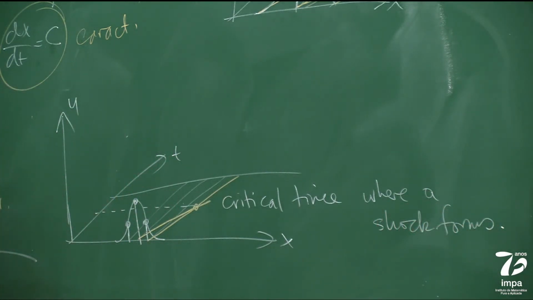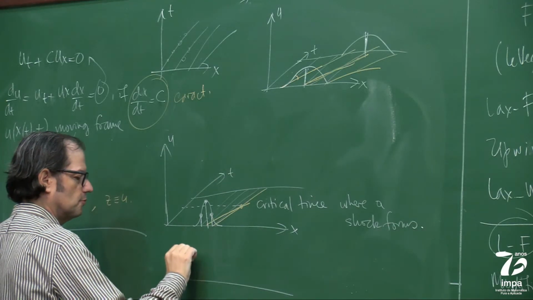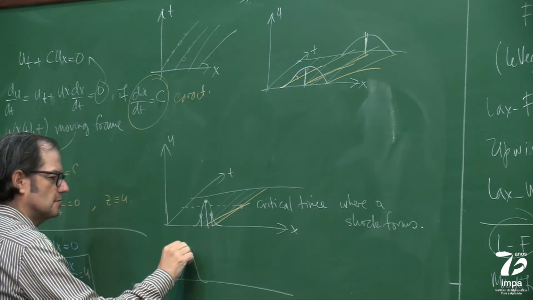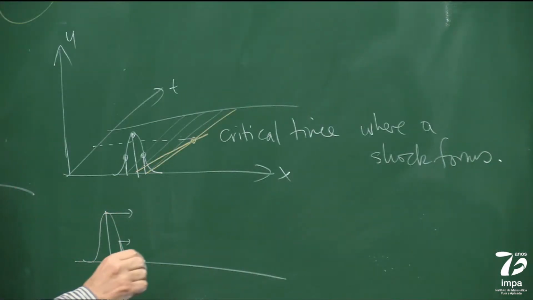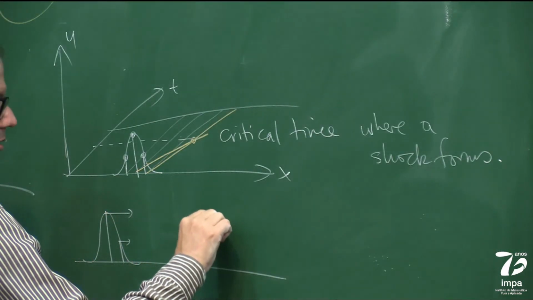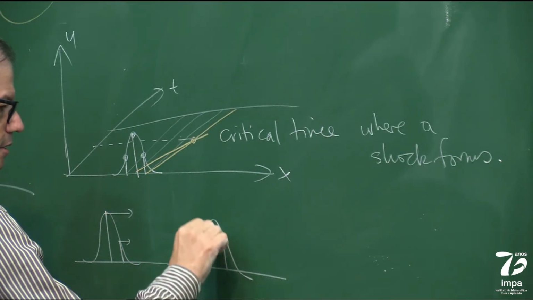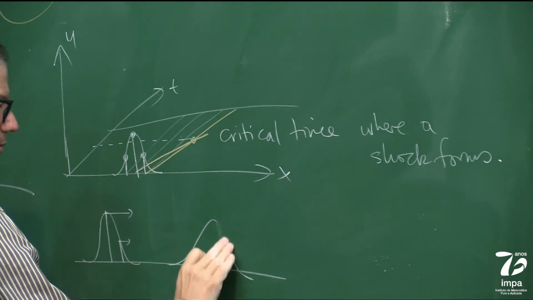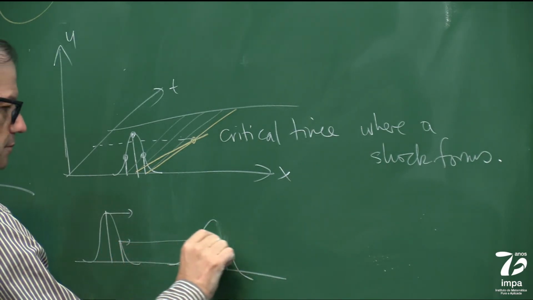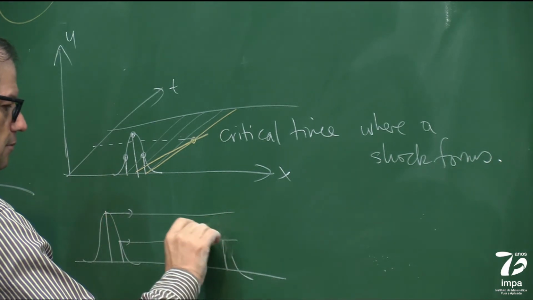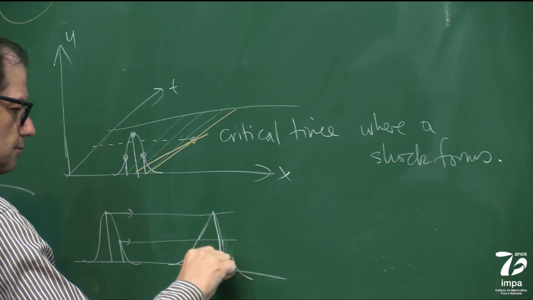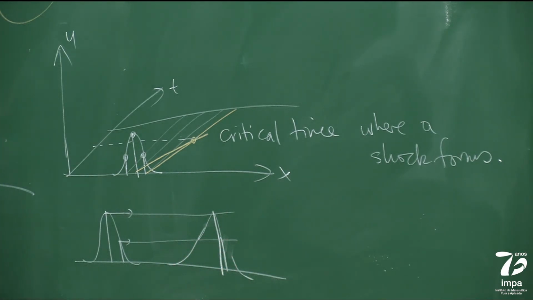And basically the wave, if we do it on the computer, because this guy here is moving faster than this guy, eventually this guy will get very close to this guy and the wave breaks.